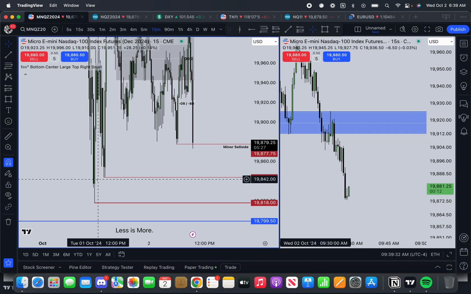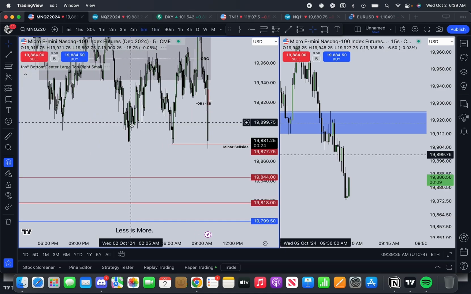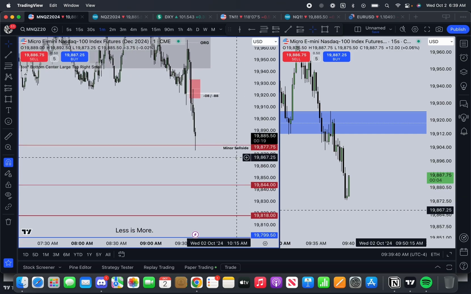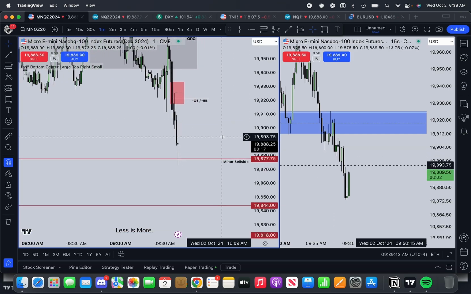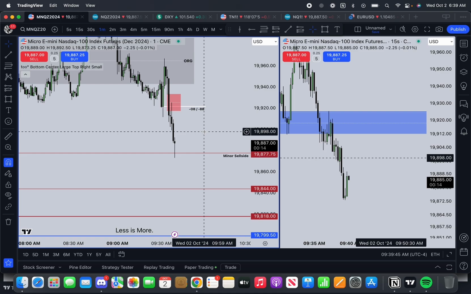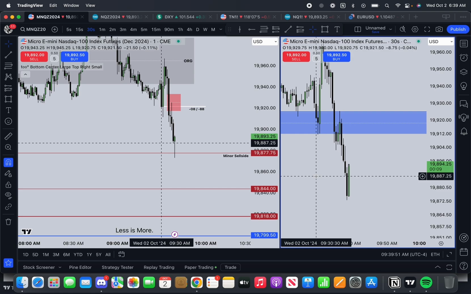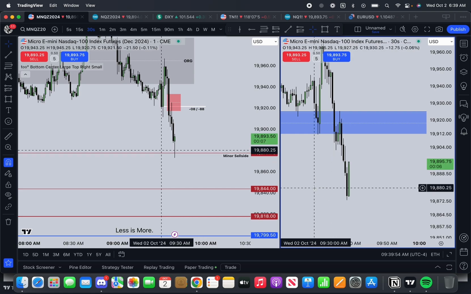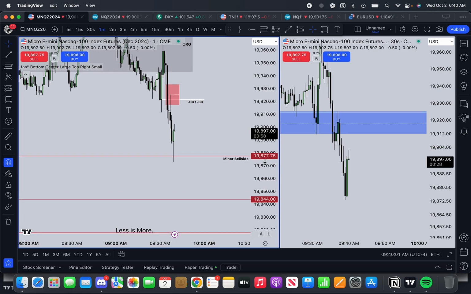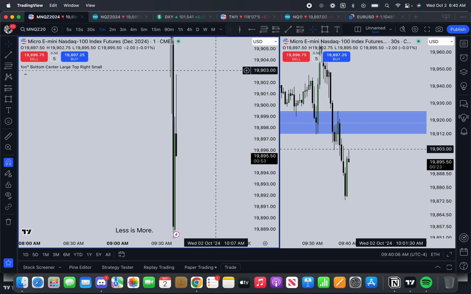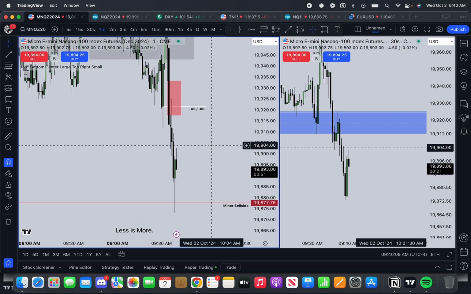We have this low, then we have this low, final TP. Very small gap on the 1 minute.